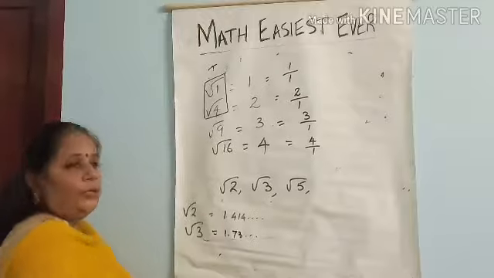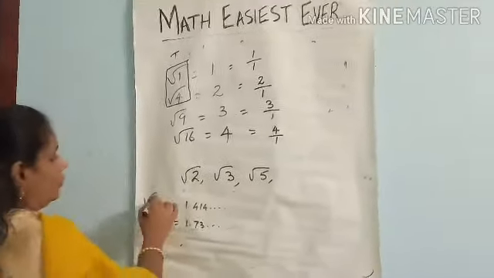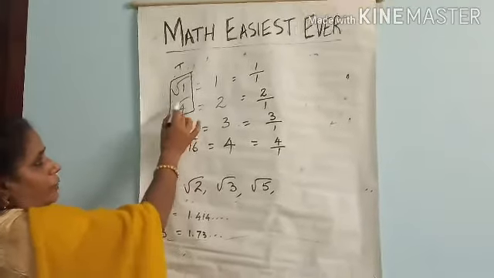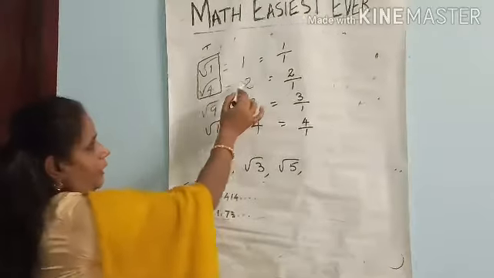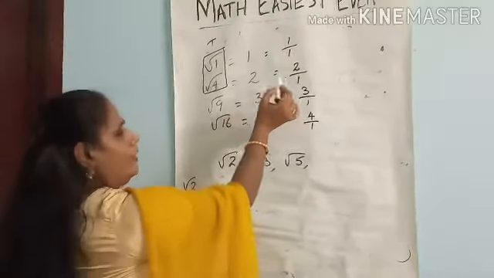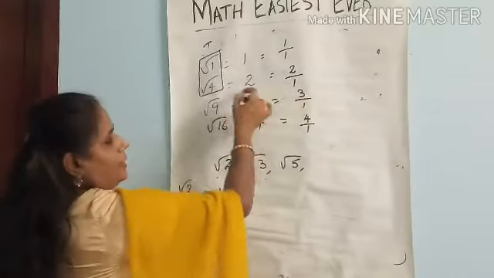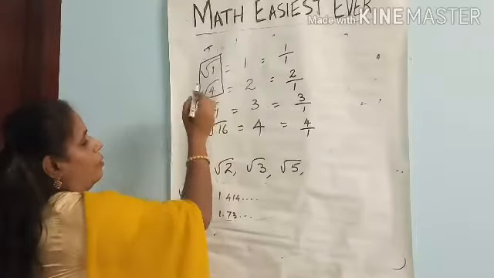That also you cannot represent in the form of P by Q. So root 2, root 3 are irrational numbers. But when it comes to root 4, root 4 is 2, plus or minus 2. We will take the positive. It's a rational number.